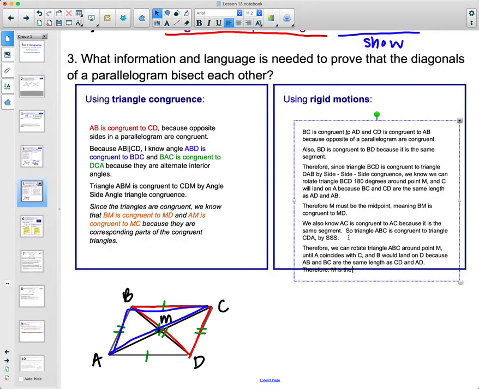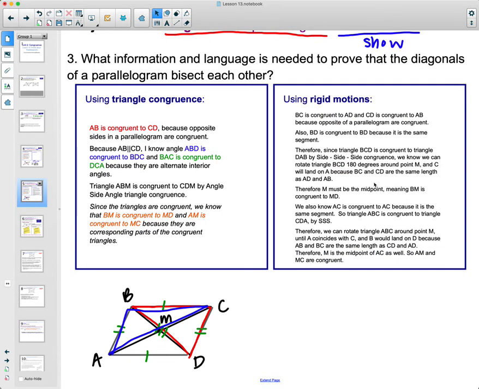Therefore, M is the midpoint of AC as well. So AM and MC are congruent. Okay, so something like that.